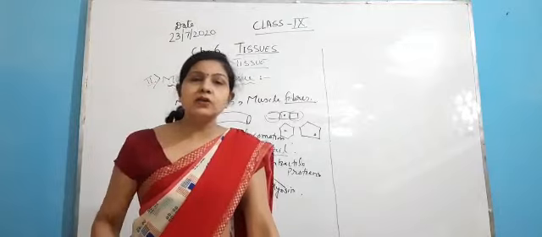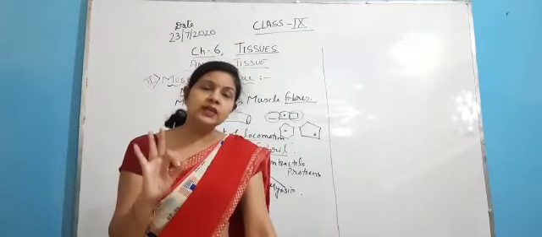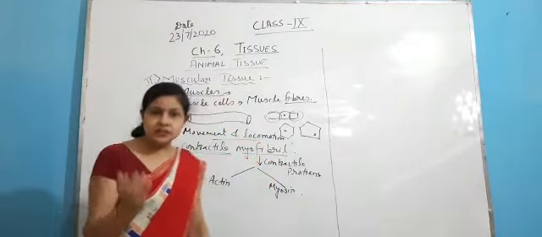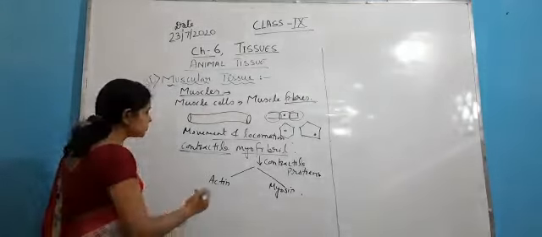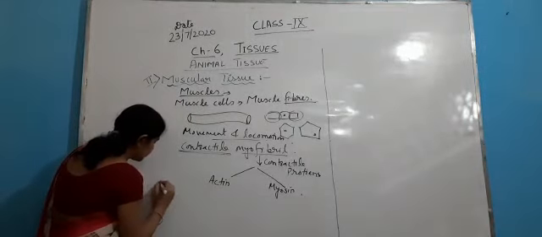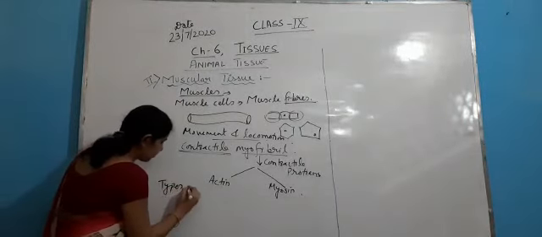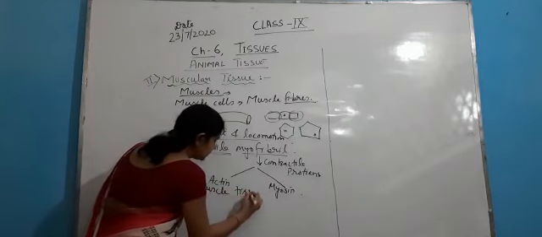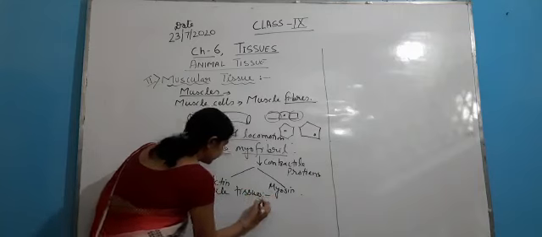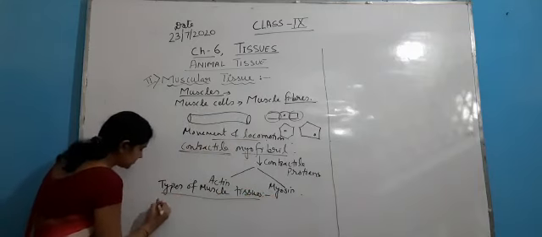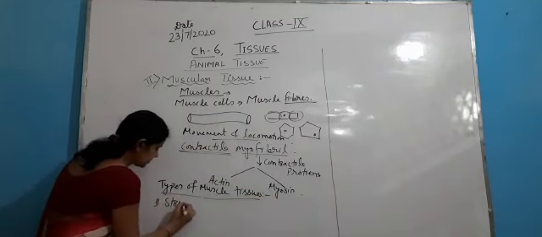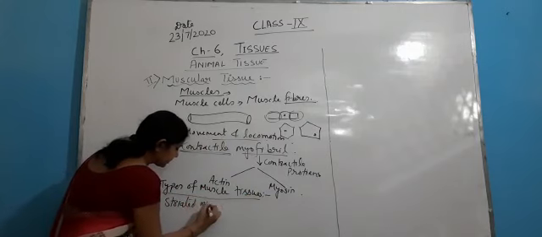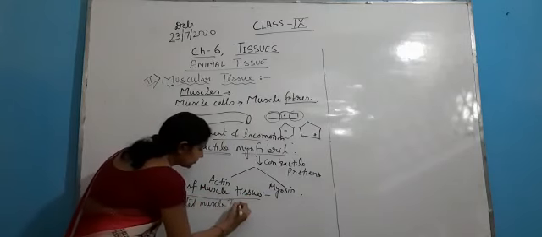So basically there are 3 types of muscle tissue in any animal's body. Let us discuss these 3 types of muscle tissues. First is striated muscle tissue.